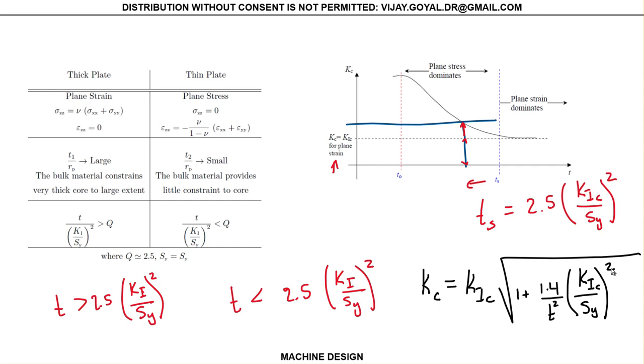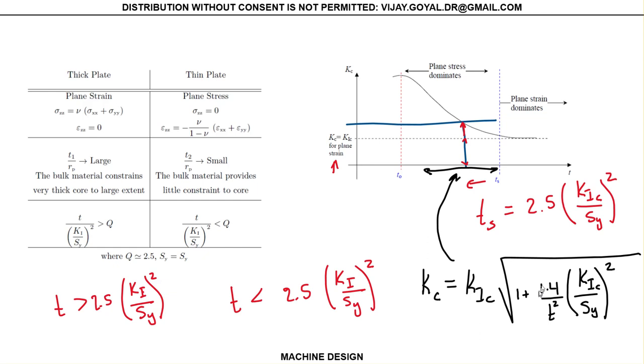So this is the relationship. Basically, this is for anything in this region, from this region to some t sub 0. So if you're in this region right here, you should use this equation as your limiting value instead of using your KIC that you get from your tables. And this is going to bring you some relief.